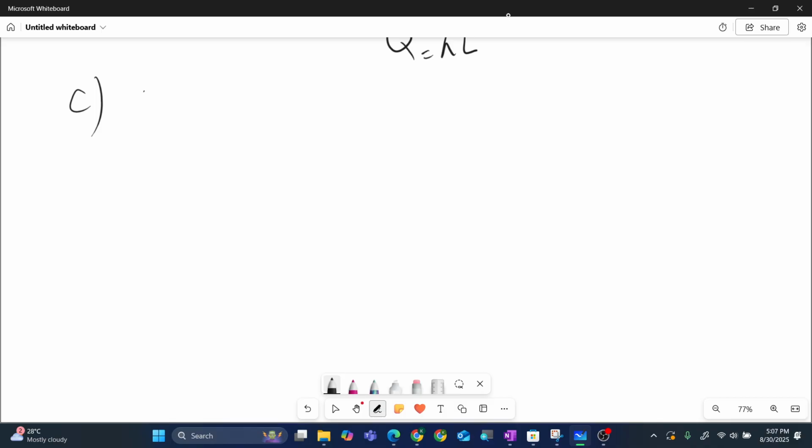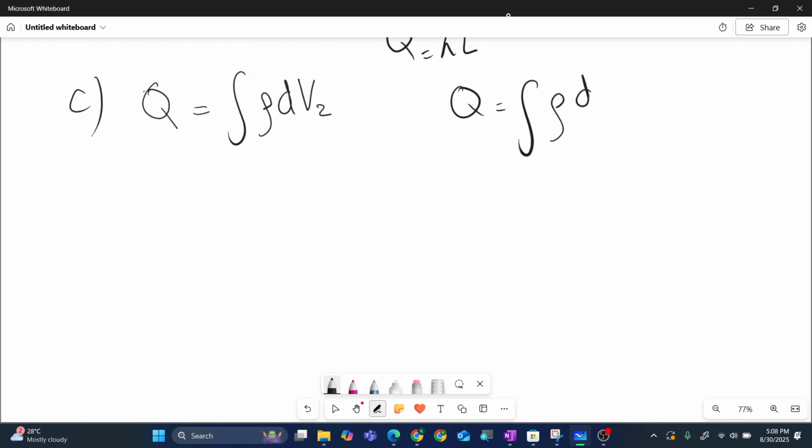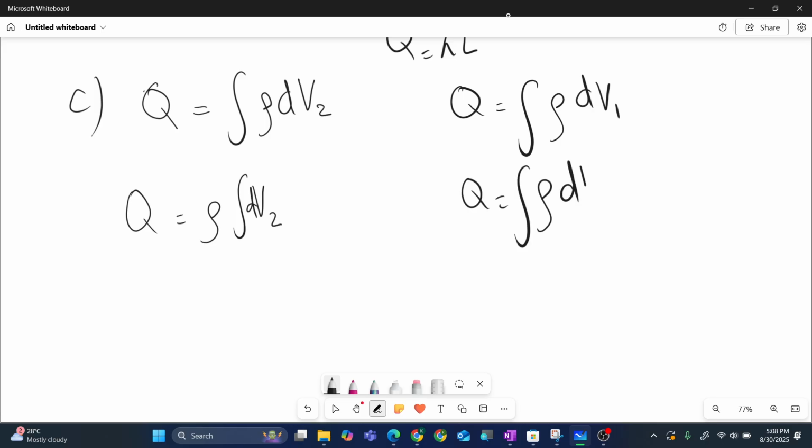So let's do that. Again, Q equals rho dv, and I will find dv2 and dv1, and then I'm going to subtract them. So Q2 equals rho dv2, Q1 equals rho dv1.